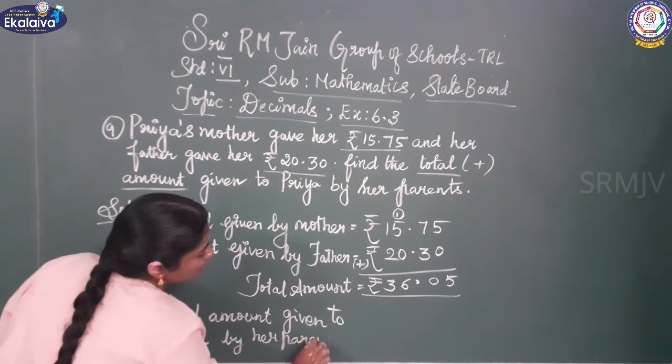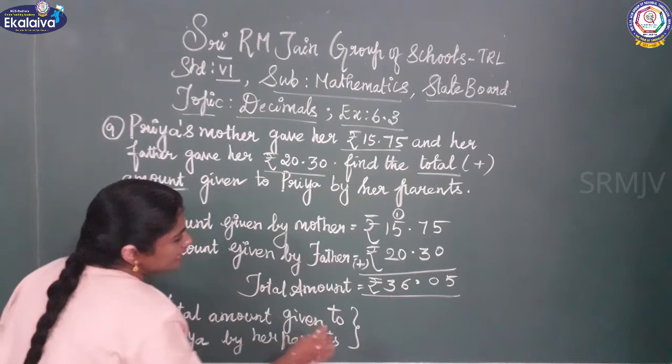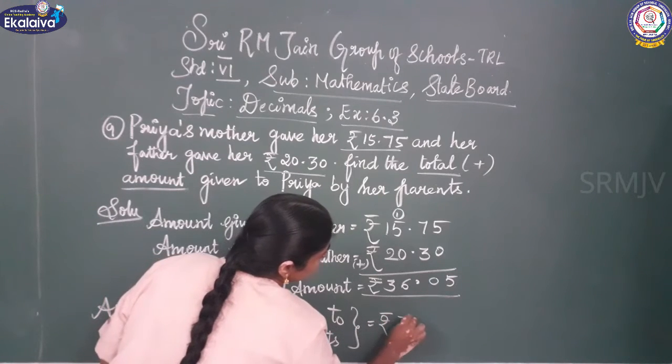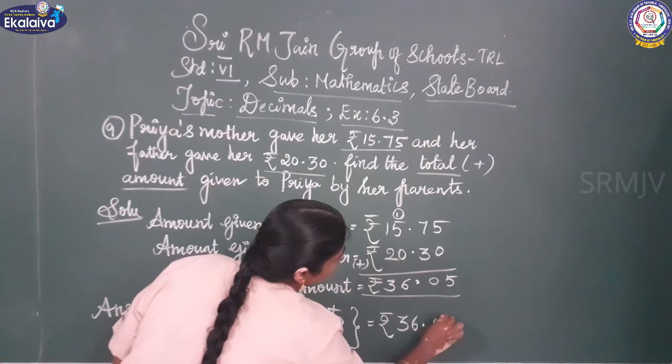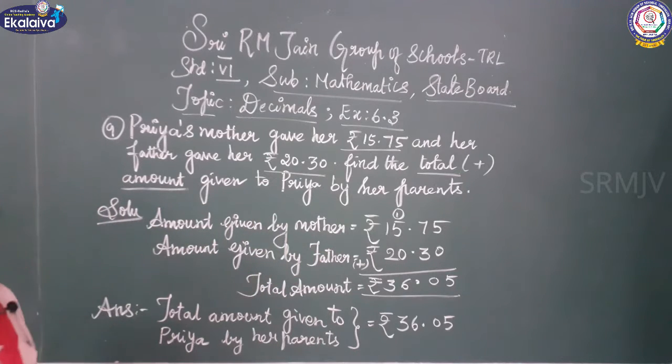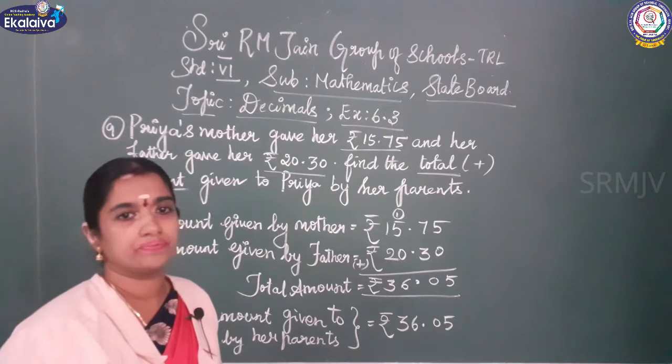Together they are given how much? Rupees 36 rupees 5 paise. Can you understand this, children? Total amount means I am going to add.